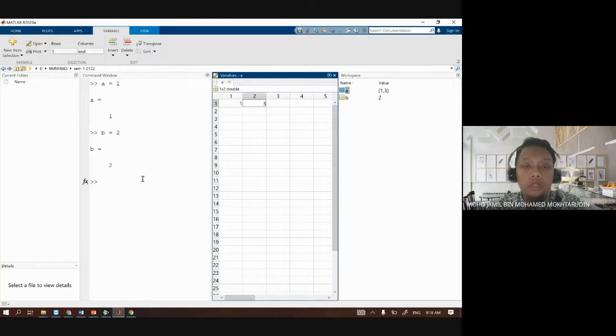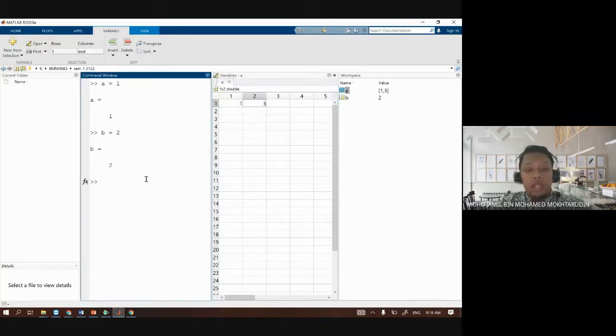So if you want a variable that has one row and many columns, you can just use a comma to represent a different column.